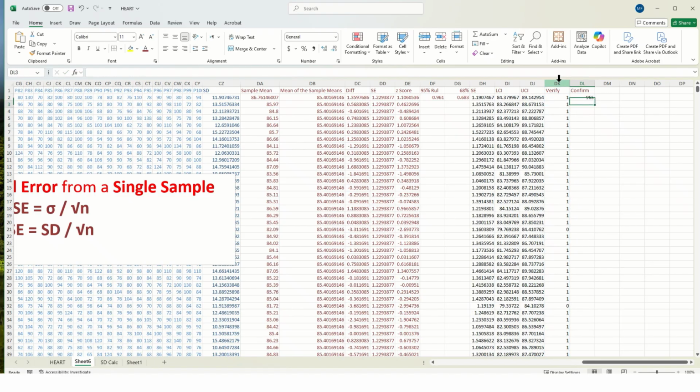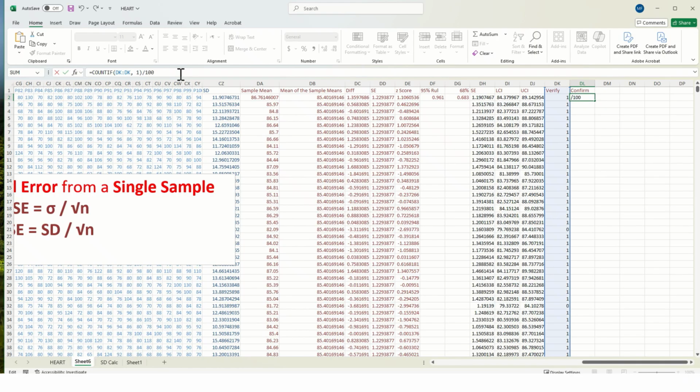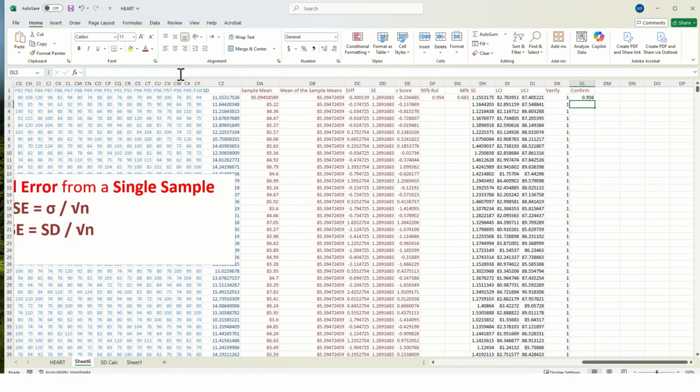And it gives me the value that out of 1,000 values, 965 did contain the true population mean. I'm going to divide it by 1,000, the total number of samples, and we see that about 95% of all these samples were able to capture the true population mean.